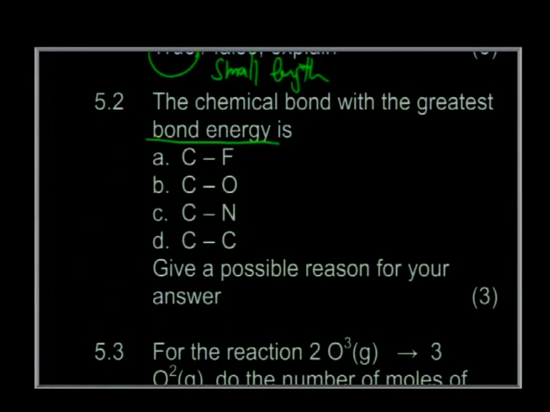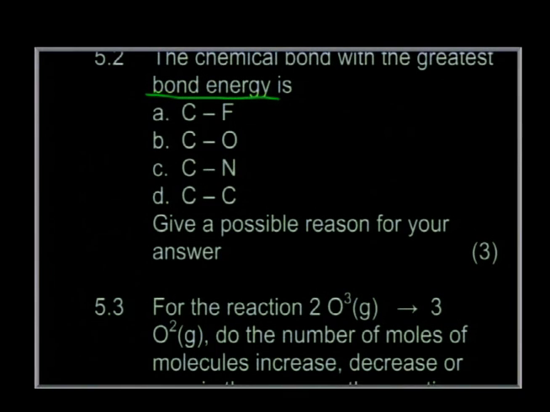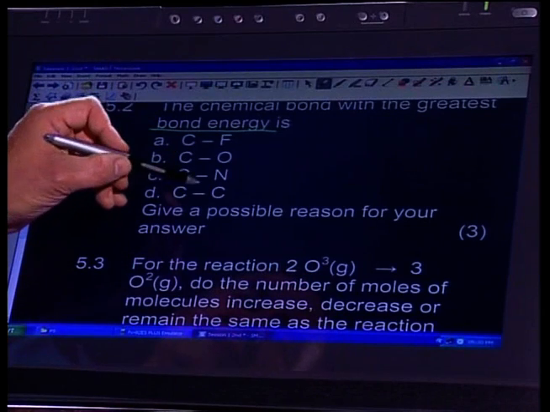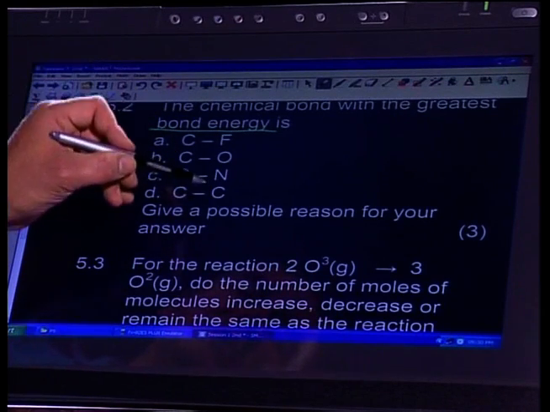Question 5.2, the chemical bond with the greatest bond energy. Now, what we've got to do is look at CF, CO, CN, and CC. And the only way we can do this is to compare the size of the atoms. So if carbon is the common one on this side, which ones are bigger or smaller?